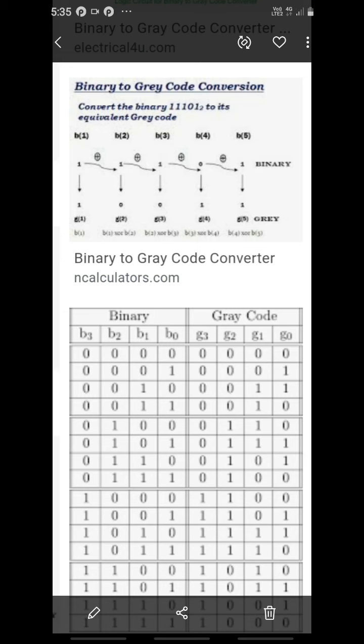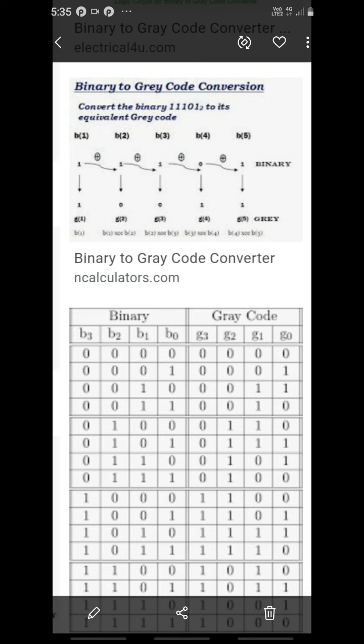And the next one is 0001. Take the MSB as it is, that is 0. Add the MSB to the next: 0 plus 0 is 0, and again 0 plus 0 is 0, and 0 plus 1 is 1. So this is the answer.